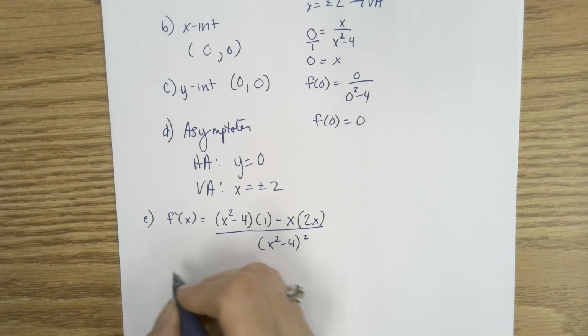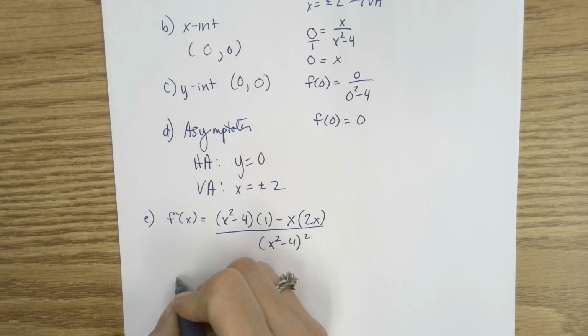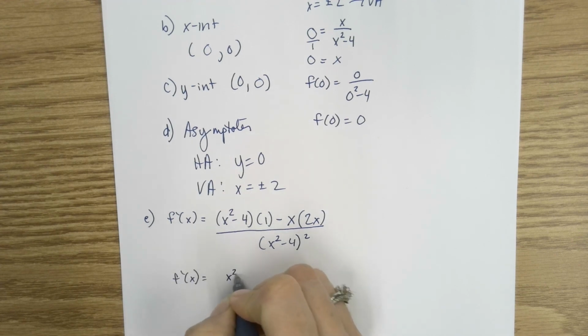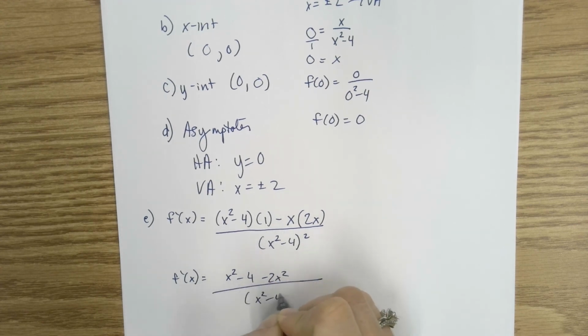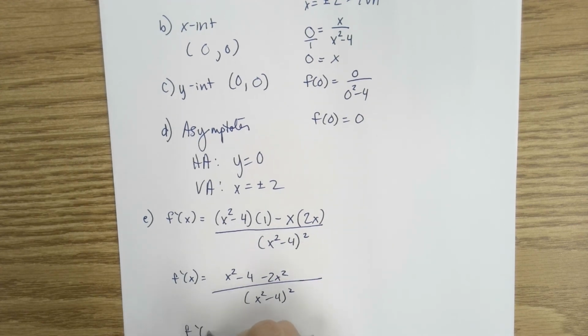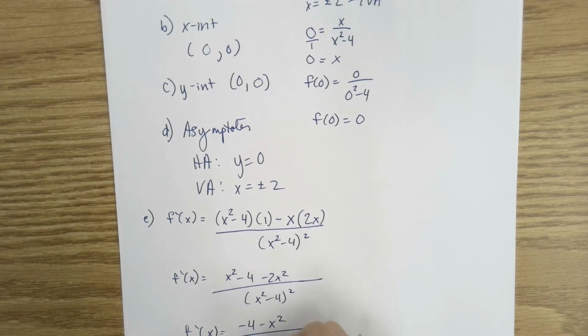Okay, so we're going to clean this up. Now, normally I'd look to see if I could factor anything out. There's nothing to factor out, so I'm just going to distribute and clean up a little bit. So x squared minus 4 minus 2x squared would be negative 4 minus x squared.